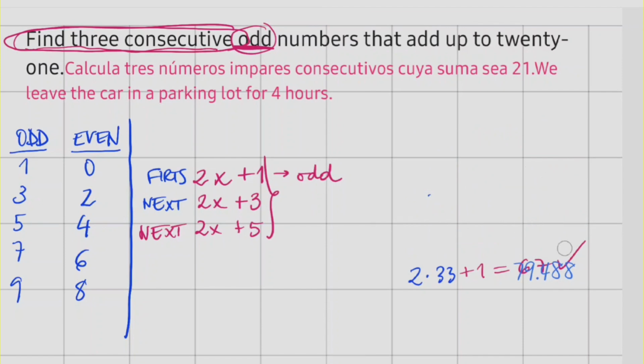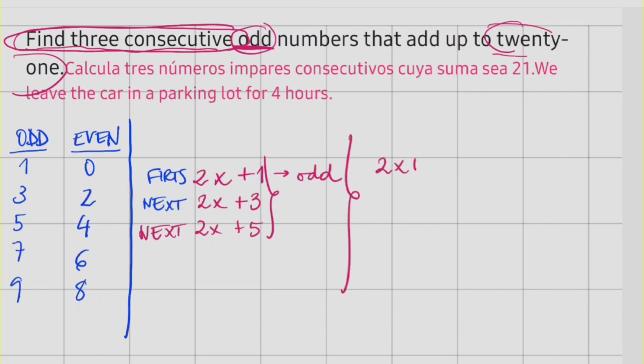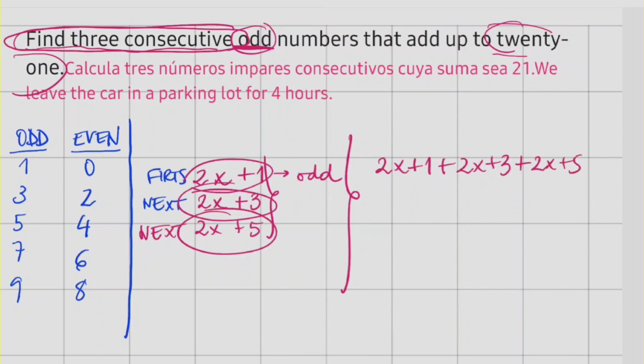So if we have those 3 odd numbers, we can now finish off the equation because altogether they make 21. So I could say 2x plus 1, which is the first one, plus 2x plus 3, which is the second one, plus 2x plus 5. That together is 21. Now, we just need to carry on solving the equation.